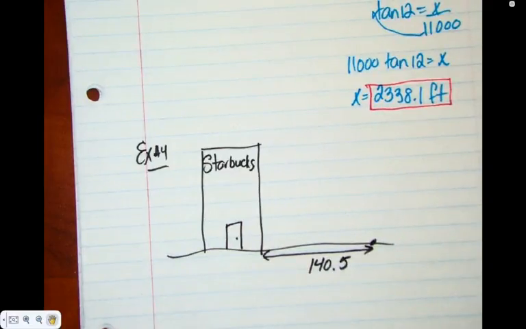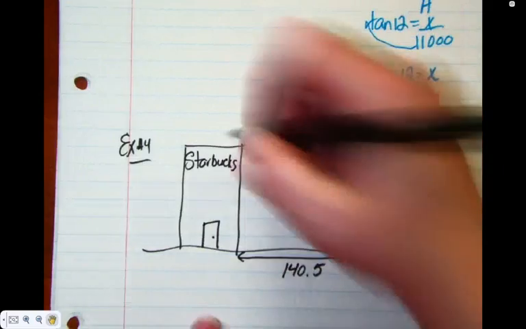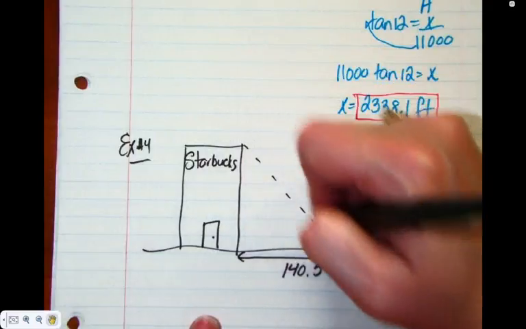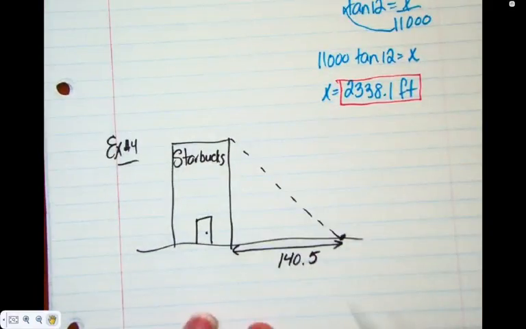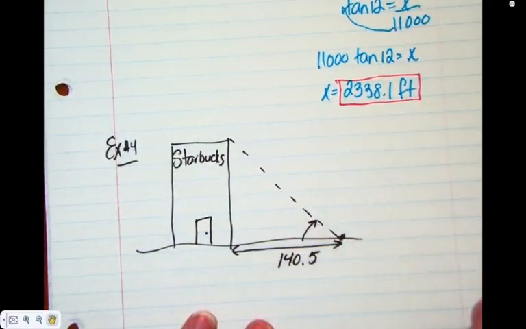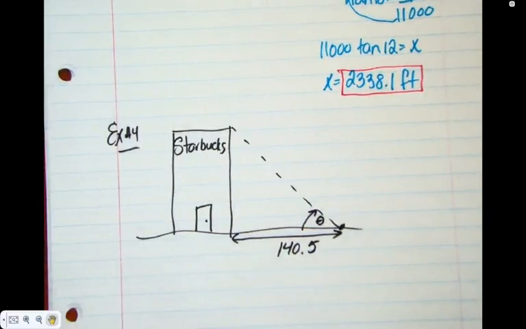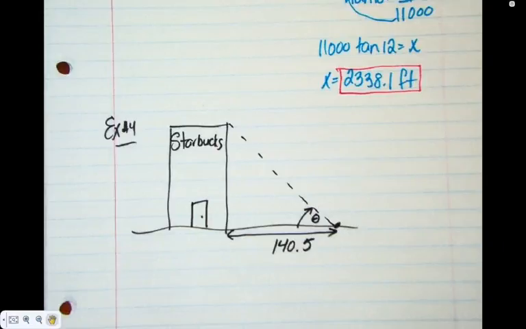Where the heck am I going to get an angle of inclination? From the point to the top of the building. What have we not labeled yet? Height of the building.